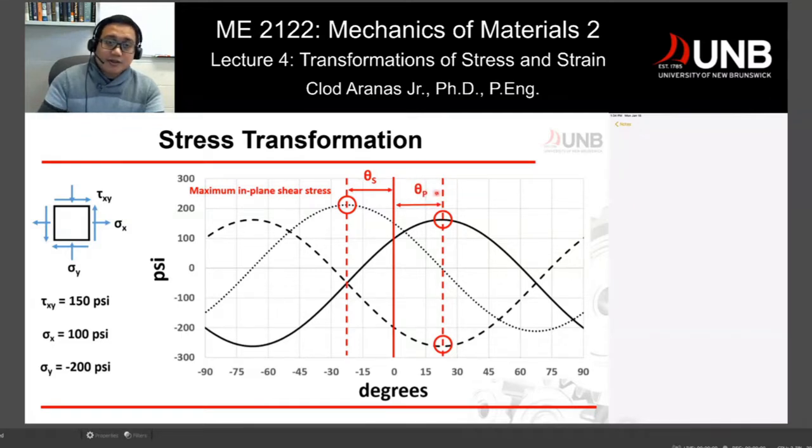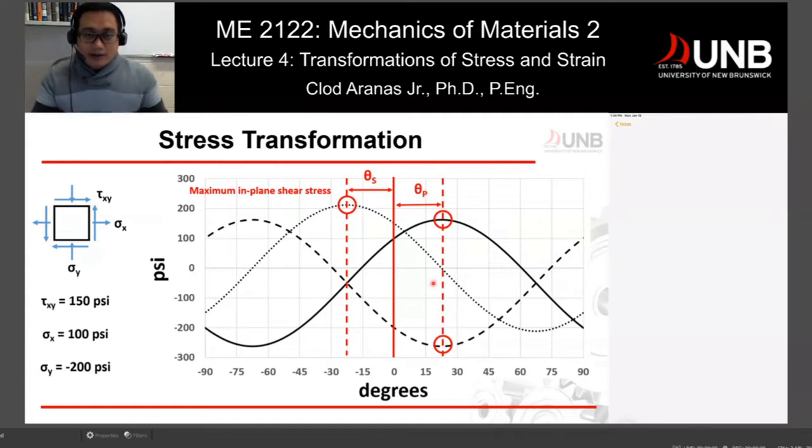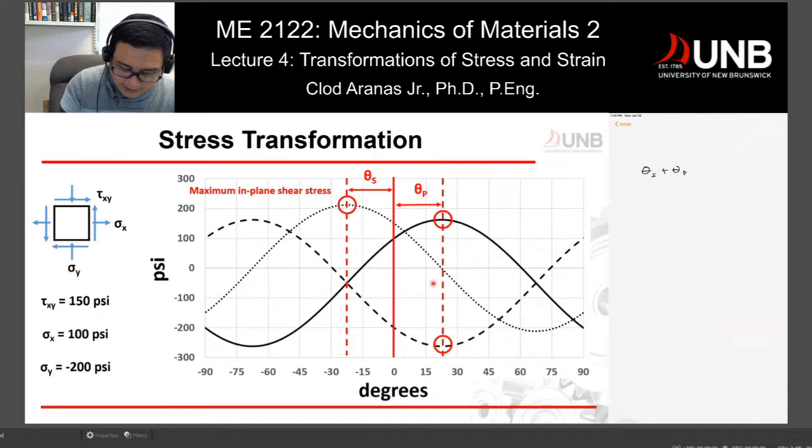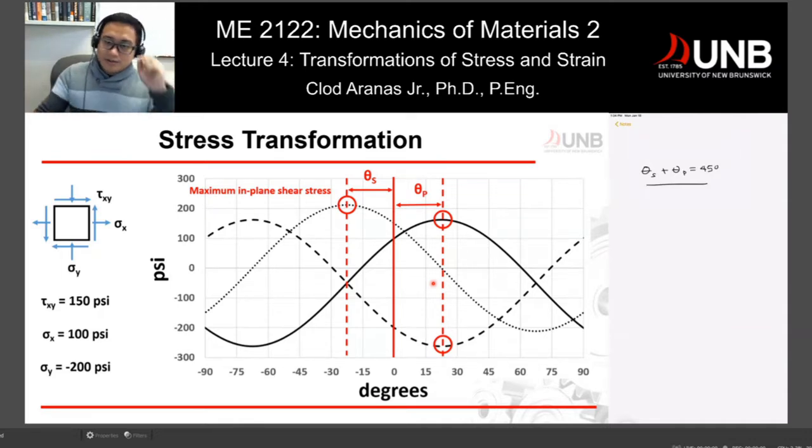This would be the corresponding rotation, in this case a positive angle. From theta sub s and theta sub p, theta sub s plus theta sub p would be equal to 45 degrees. That would be the relationship between the two angles.